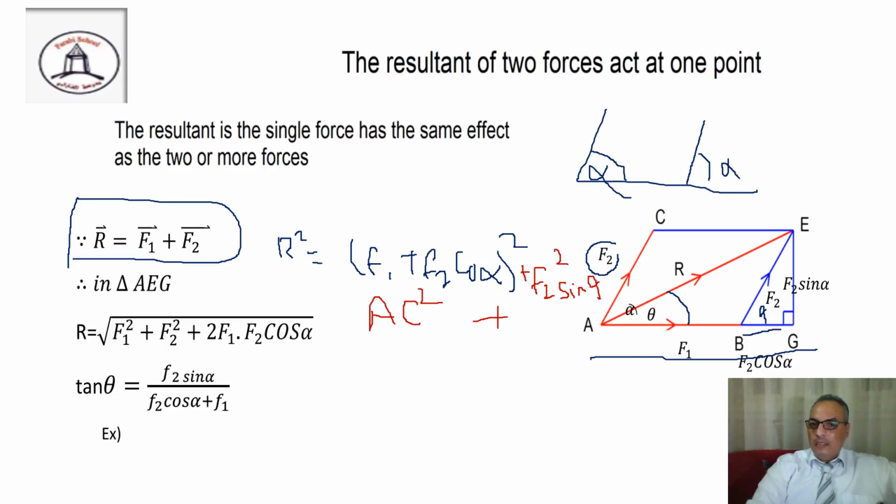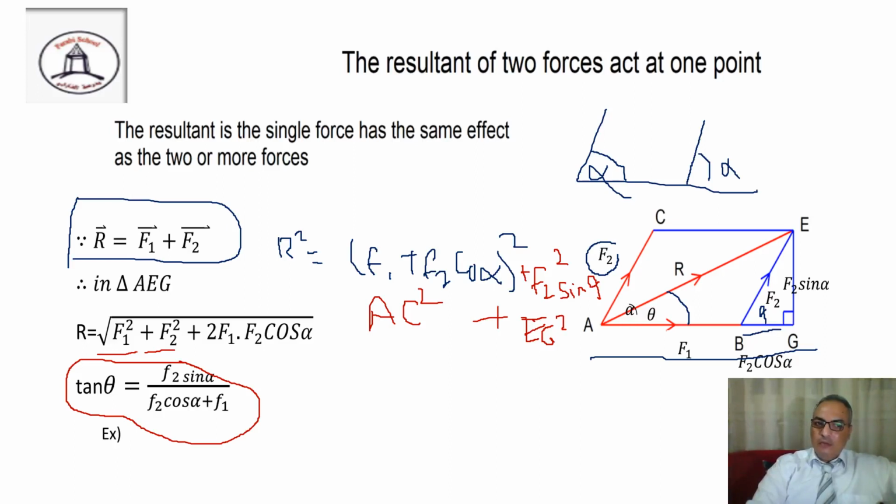Which is AG squared plus GE squared. So expand this bracket and collect the like terms to get R square equals F1 square plus F2 square plus double F1 F2 cosine alpha. Now, who can tell me the direction? Who can tell me what tan theta is?